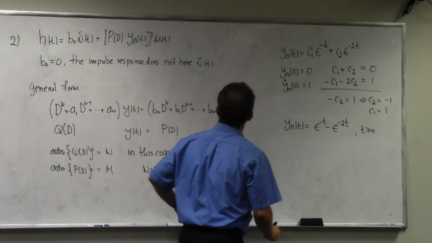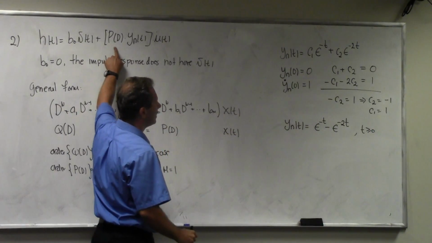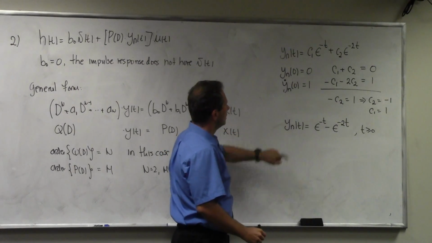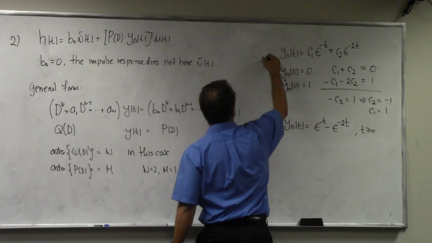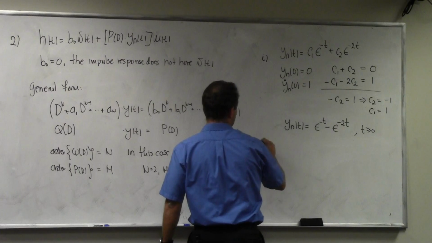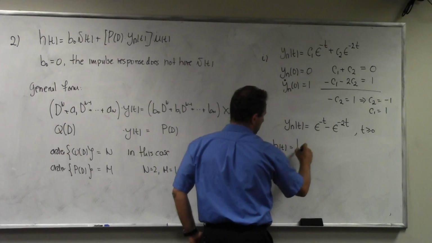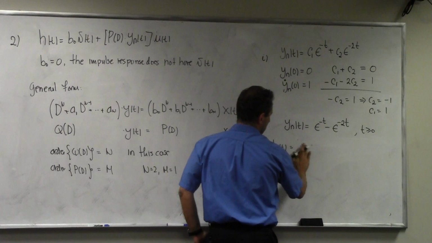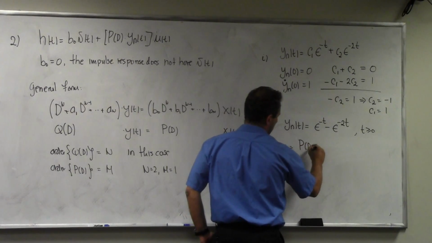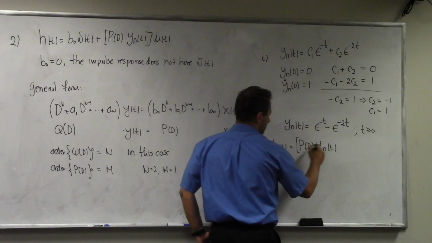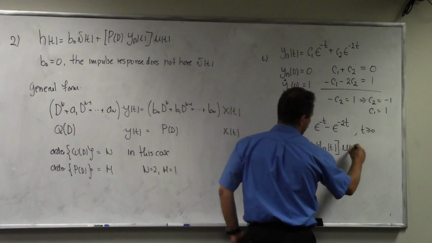And now my impulse response, I'm going to obtain by applying p of d to this impulse response of the companion system. So let's say this is step 1. Step 2, we're going to get h of t as p of d applied on yn of t times u of t.